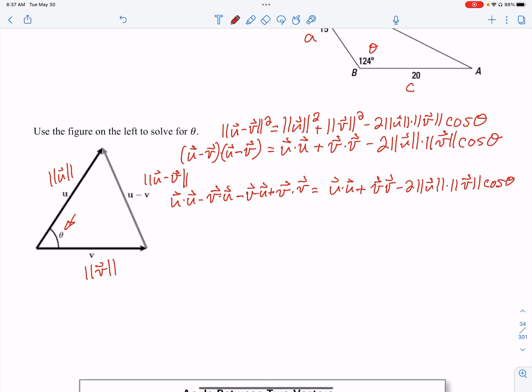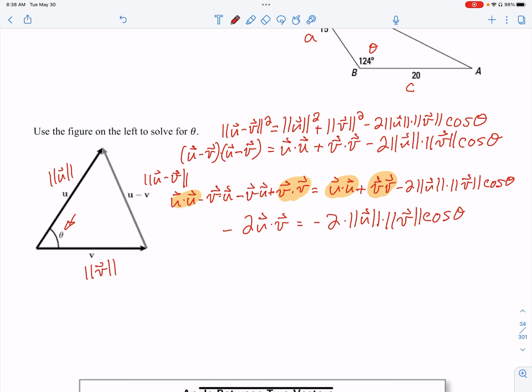Now notice this is going to cancel with that, and this is going to cancel with that. What we get is negative, and I'm going to flip u and v, 2 u dotted with v equals negative 2 times the magnitude of u times the magnitude of v times cosine theta.